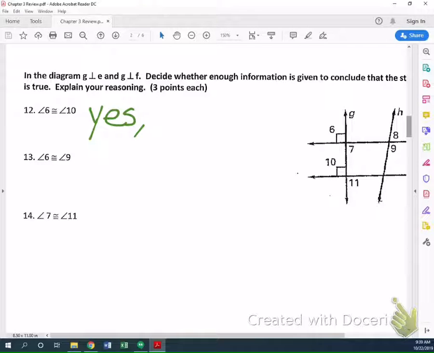Yes, but I'm not going to write that down. Would you accept that? Yeah, I would accept it, I guess. This is earlier in the chapter, though, than that. Before we knew corresponding angles were congruent, we knew that all right angles were congruent. So since they're both right angles, it would be yes, all right angles congruent.